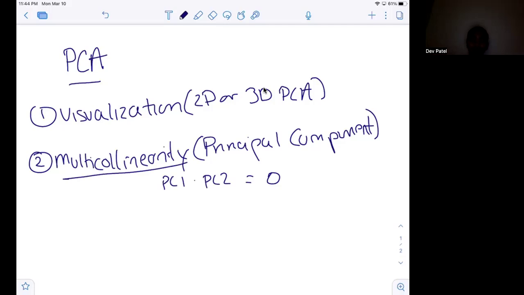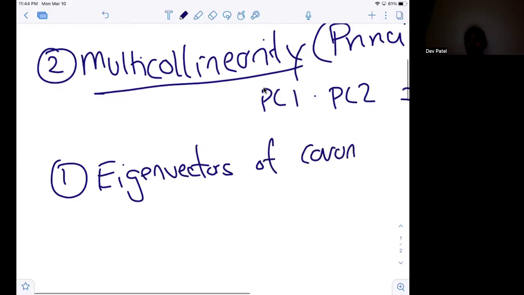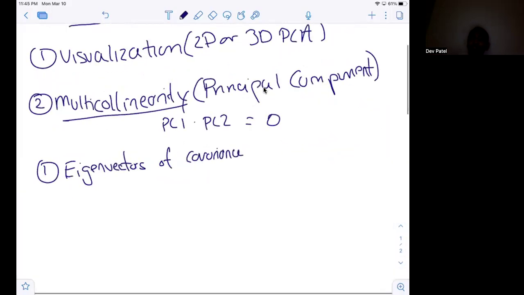Now, how does PCA work? First, we take the eigenvectors of the covariance matrix. The covariance matrix is a representation of the relationship, or the covariance, between two features.